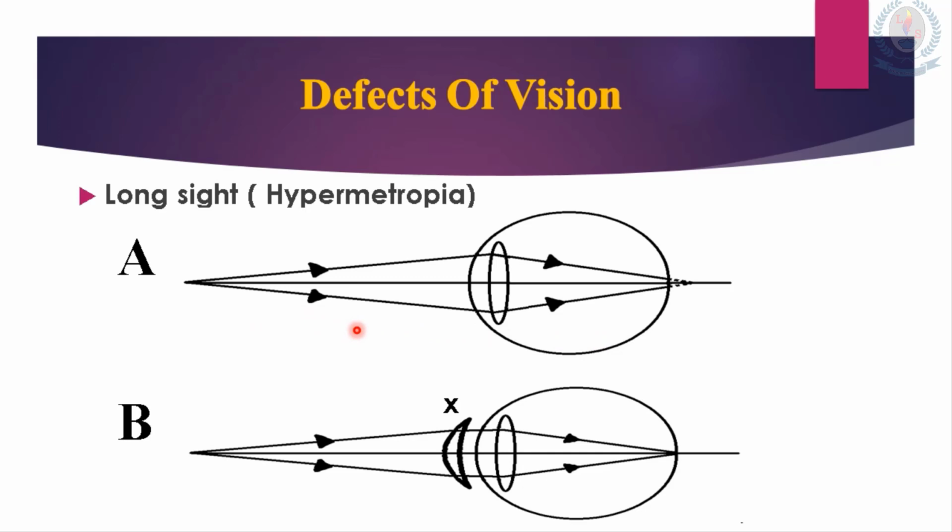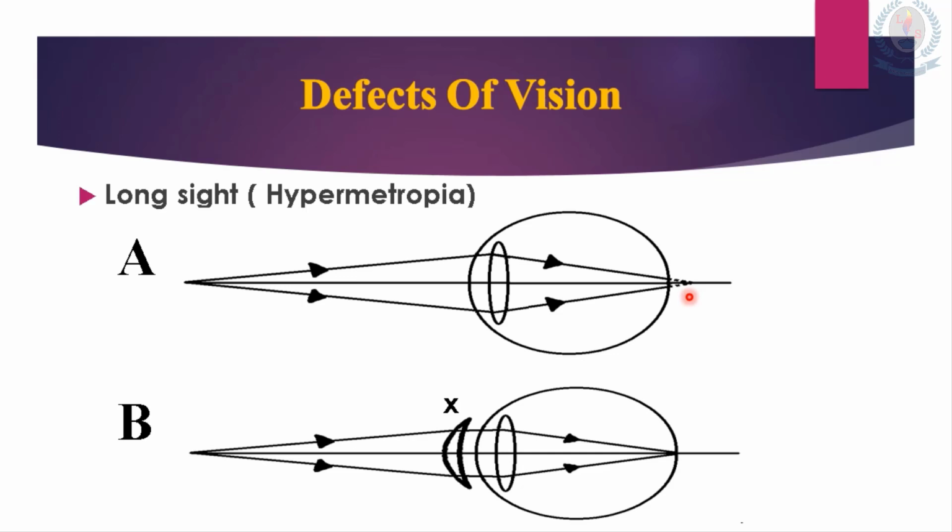Diagram A is the ray diagram of an eye that has long sight defect. You have learned that if light rays converge onto the retina of the eye, we can see the images, but here in diagram A, you can see that light rays from a close object have converged behind the retina.